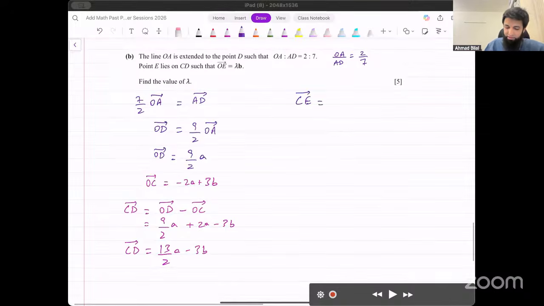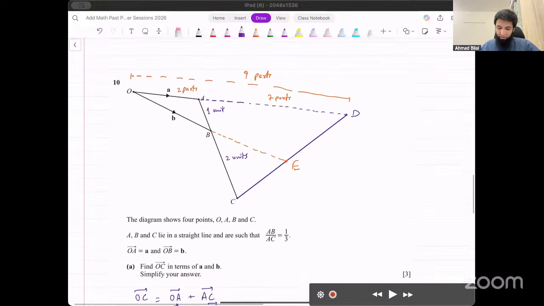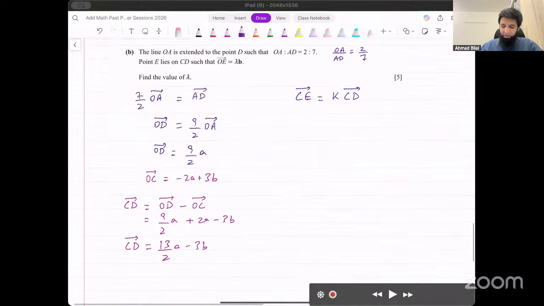CE vector is in the same direction as CD vector. So CE we could say is K times CD, right? Because it's in the same direction. CE direction and CD direction, they're both the same. So they're both parallel to each other. So we can say it's K times that.